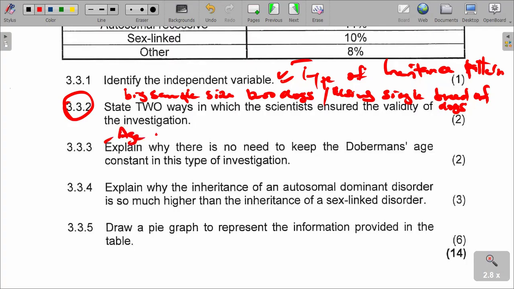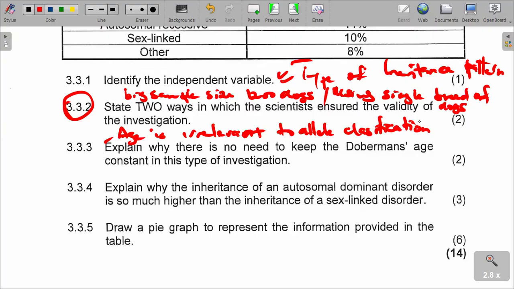What we are saying is that inherited patterns are genotypic.